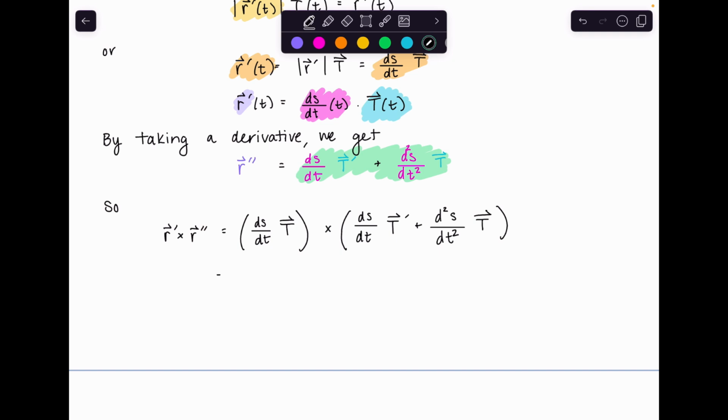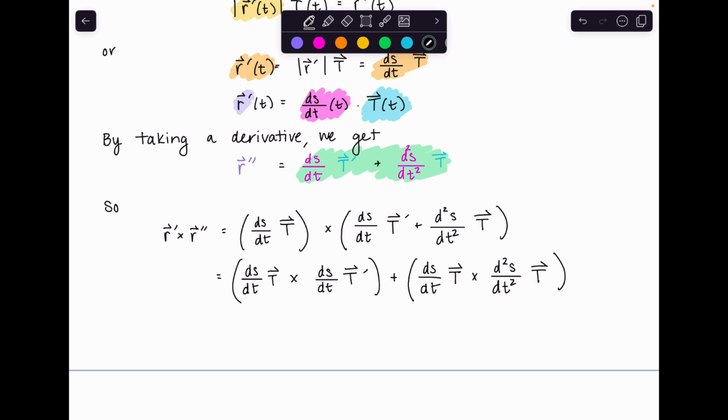So this is equal to the first vector cross product with the first component, and then I add the first vector again, cross product with this second vector. Still seems really messy right now. That's okay.